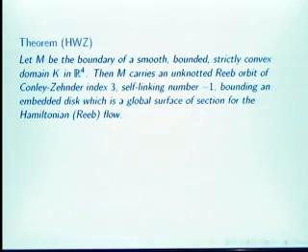Let me just state their theorem. This was a very famous paper published in the Annals, I think in '98.